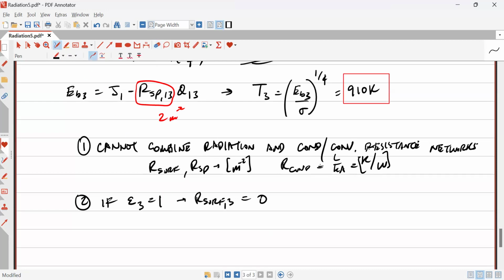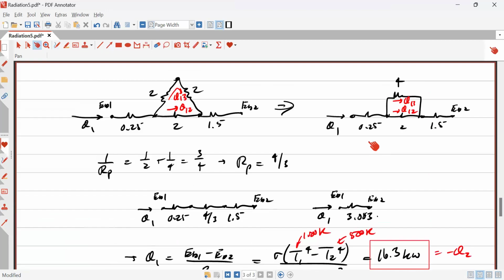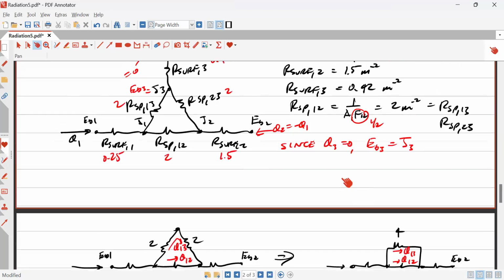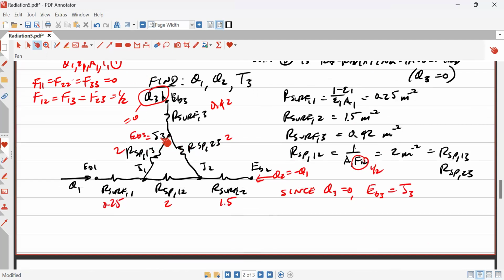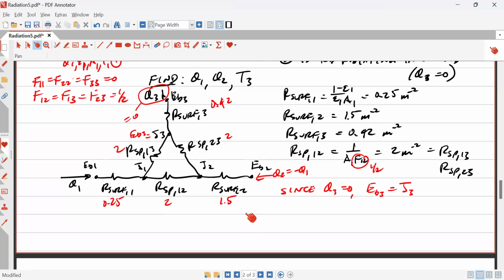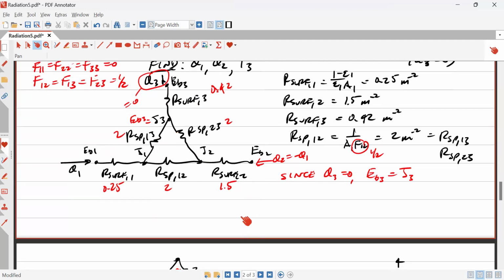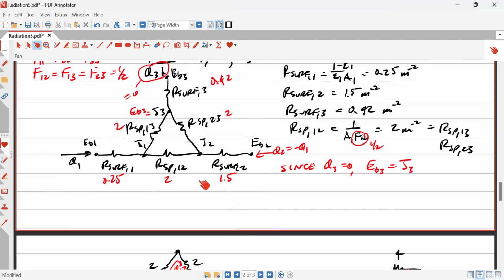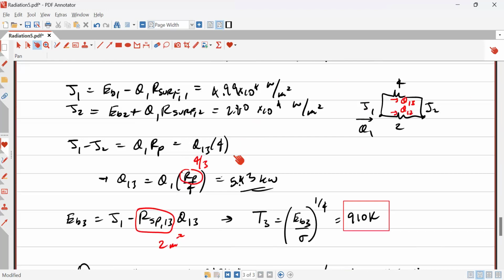Our R surface 3 is 0. Notice that we have R surface 3 being 0, or effectively E sub B equal to J3 here. You have the same effect. EB3 is still equal to J3 if R surface 3 is 0. The difference, though, is that Q3 is not necessarily 0 in that case. So you cannot assume it's the same strategy as a re-radiating surface.